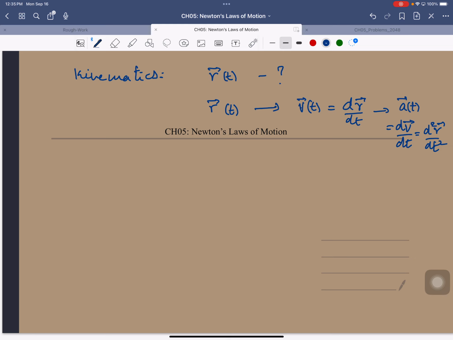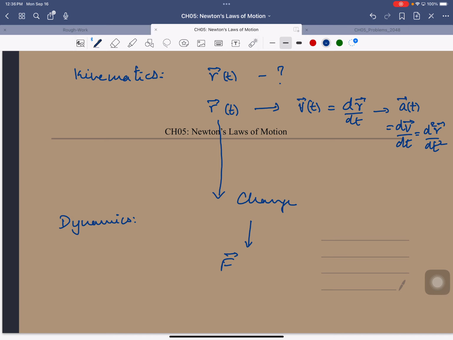Now we're going to start the subject of dynamics. What you want to do is change this motion, and what you learn is that to change that, you have to apply a force. That's what we're going to study. The next couple of chapters will study that.